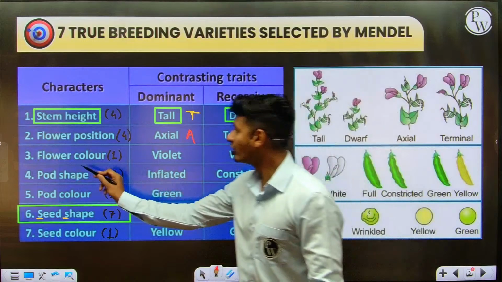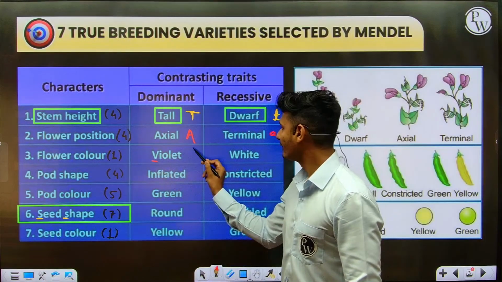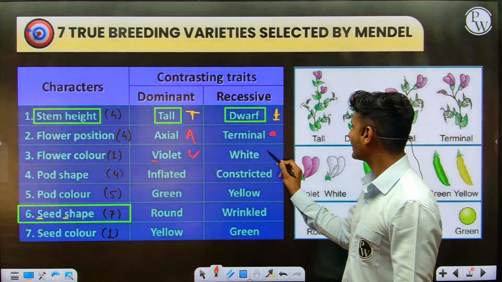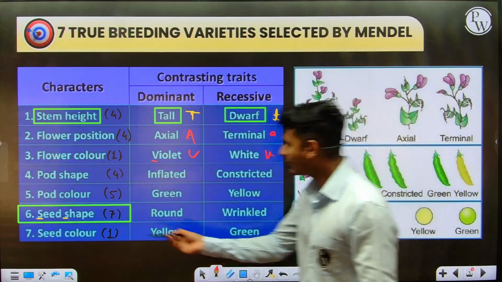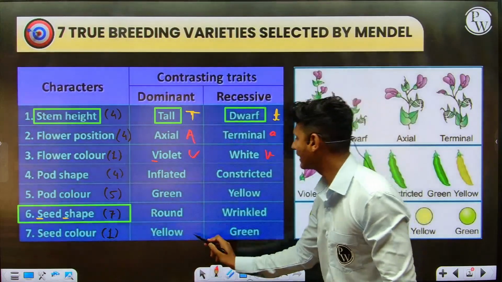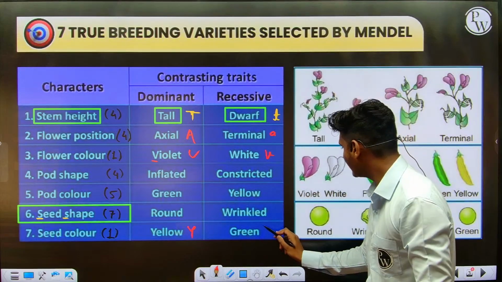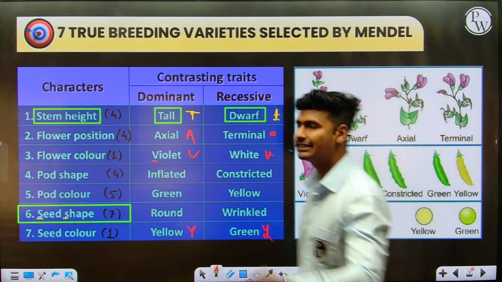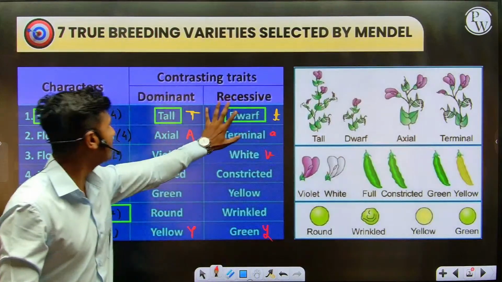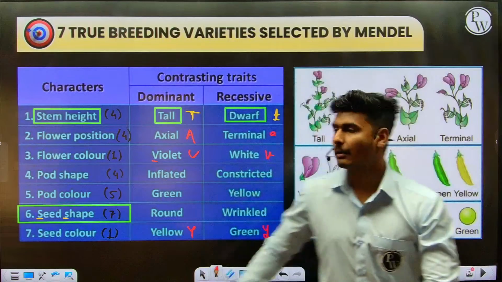For flower color, the dominant character violet is V, and the recessive is small v. For seed color, the dominant character is capital Y, then green is small y. This is what you have to remember about the 7 true breeding varieties selected by Mendel.